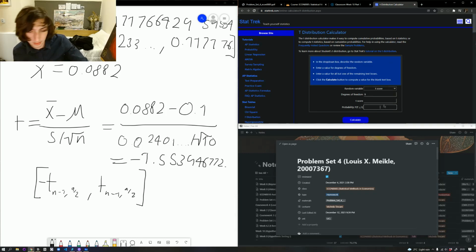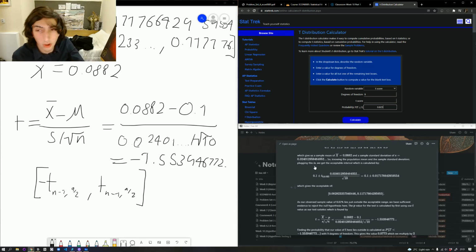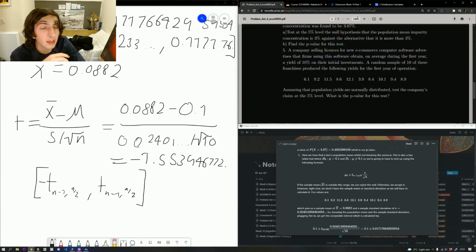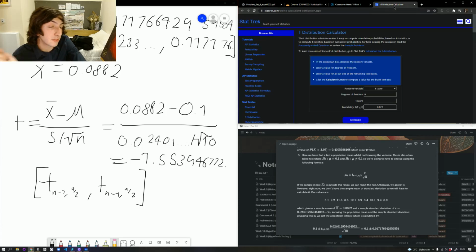For the probability, we put 0.025. Was it 0.025? I think it was. What was the confidence level? At 5% level. So because it's at the 5% level, we put in 0.05, and because we're dividing by 2, it's 0.025. And then we get the t-score, which is negative 2.262.